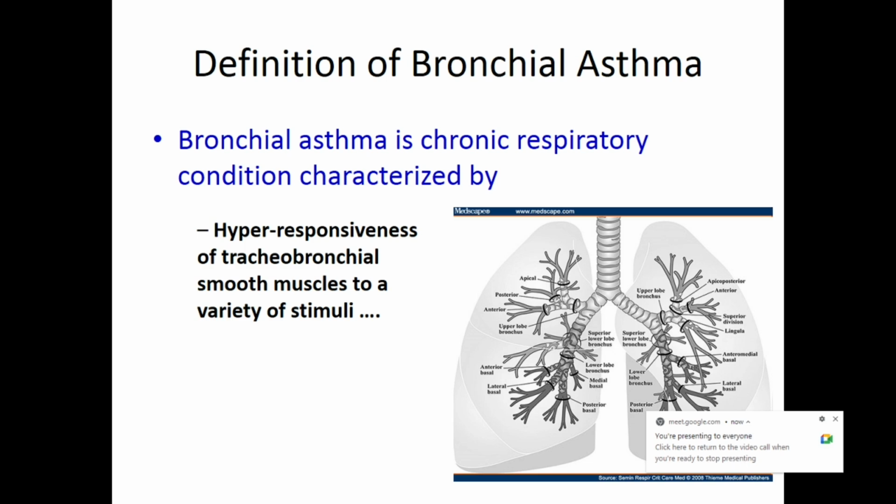That means this whole bronchial tree, starting from these two big branches, both the lungs, the bronchioles of the lungs, are in a state of hyperresponsiveness.